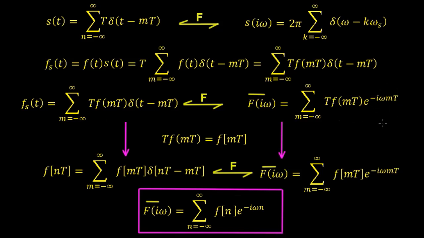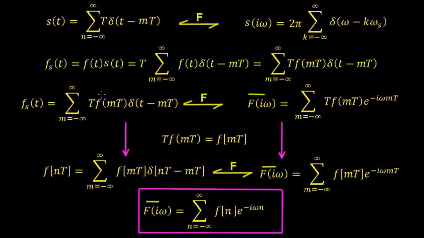So this is our sum of exponentials, e to the minus i omega mT, in the frequency domain, and we're just multiplying it by this amplitude factor T f of mT. So this here is the Fourier transform of this impulse train that has been modulated by the function f of t.